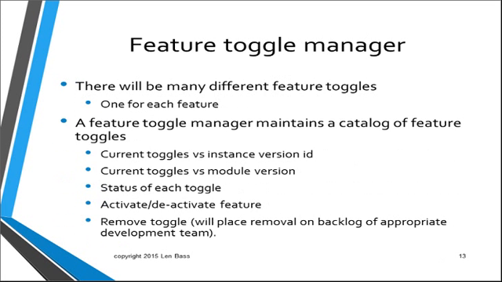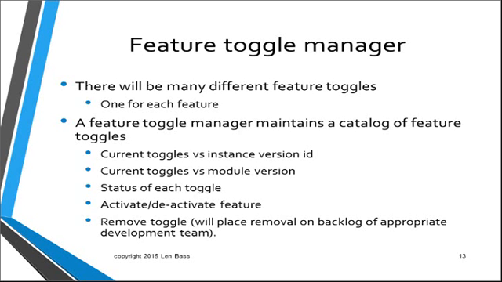So given that we're going to have all these feature toggles around, there's a new piece of software, a new manager called a feature toggle manager. It maintains a catalog of feature toggles, whether they're on or off, and who's interested in them. And so it's used to activate and deactivate the feature.